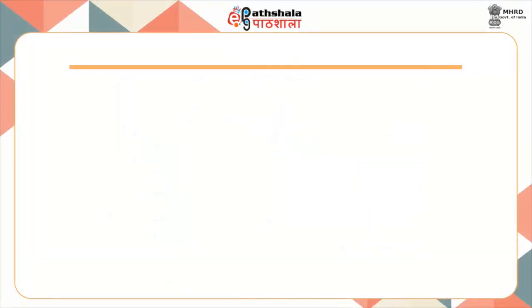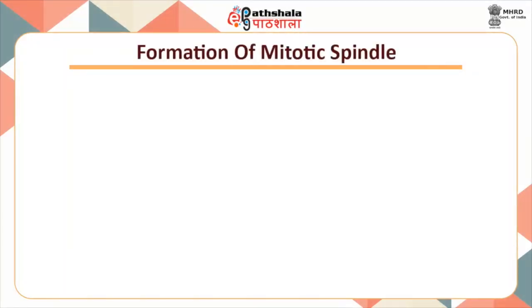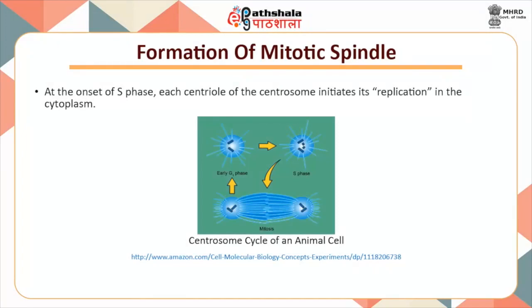Now, we can focus on how mitotic spindles are formed. During G1, the centrosome contains a single pair of centrioles that is no longer as tightly associated as they were during mitosis. During S phase, daughter procentrioles form adjacent to each maternal centriole so that two pairs of centrioles become visible within the centrosome.